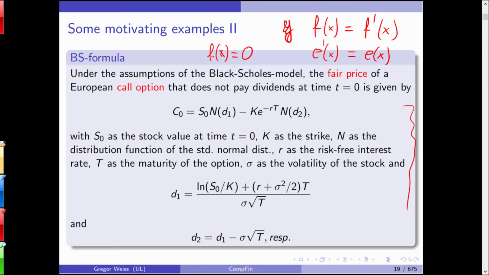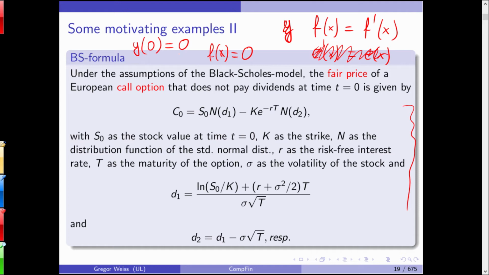For example, in this case, you could say, okay, we need this. This is a starting condition, and you see that this is no longer a solution if the differential equation has to fulfill also this condition.